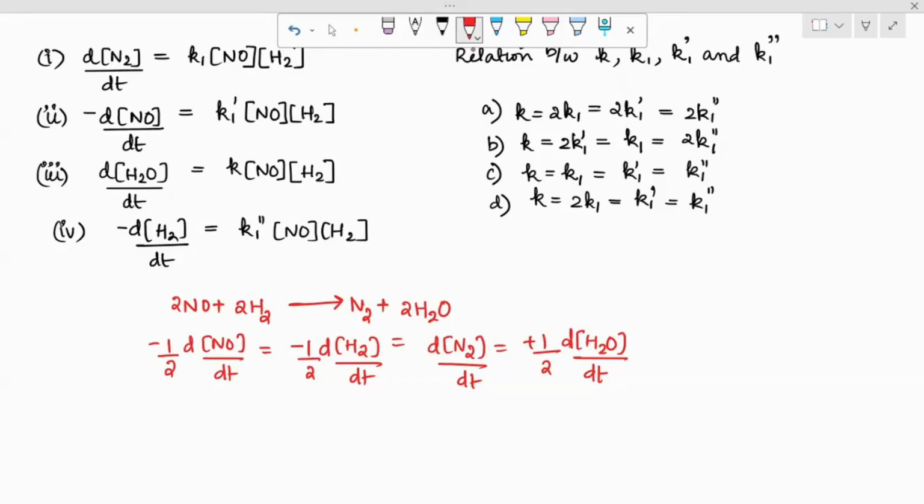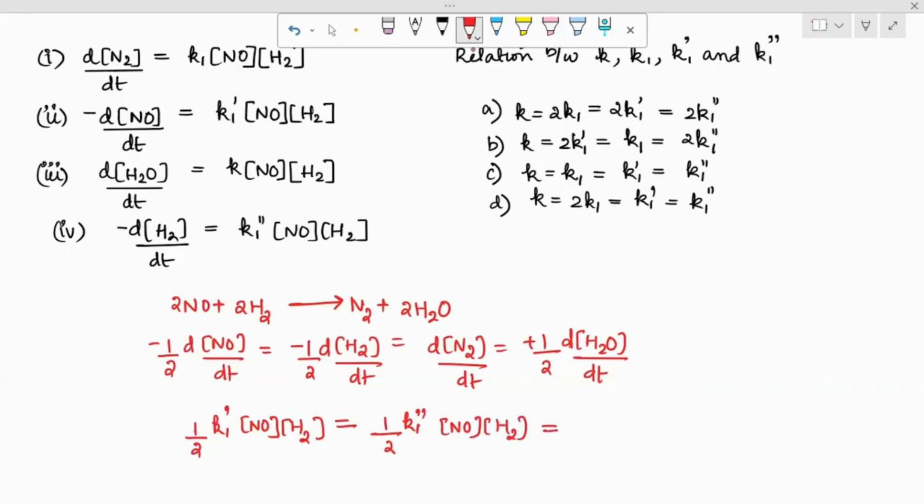The expression for minus dNO by dt is given. So I'll keep 1 by 2 over here and I'll use the remaining. It is K1 prime NO H2. That is equal to, what is dH2 by dt? Again, I'll keep my 1 by 2 over here because the expression is given for minus dH2 by dt. That is equal to K1 double prime NO into H2.